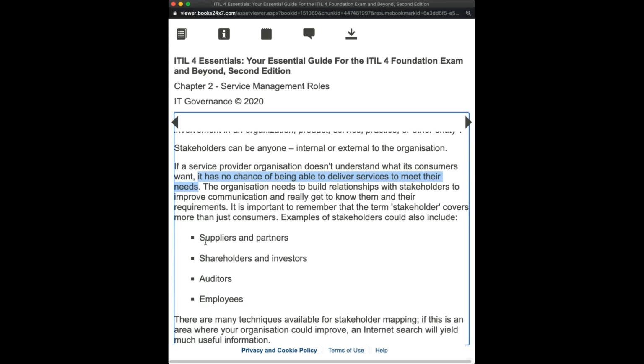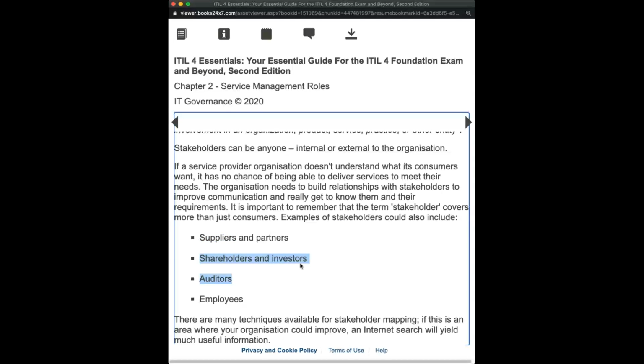So these are example stakeholders. We have suppliers, partners, shareholders and investors, auditors, and employees. Suppliers are those providing us with, let's say, outsourced IT services, or maybe outsourced products or raw materials.